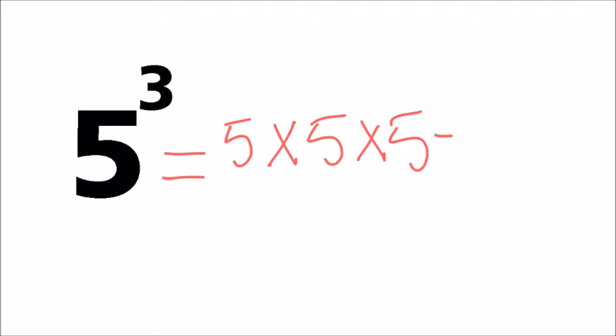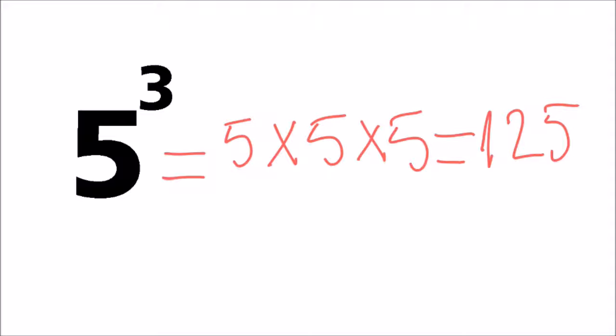For example, 5 power 3 is equal to 5 multiply 5 multiply 5 and equal to 125. In words, this could be called 5 to the third power, 5 to the power 3 or simply 5 cubed.